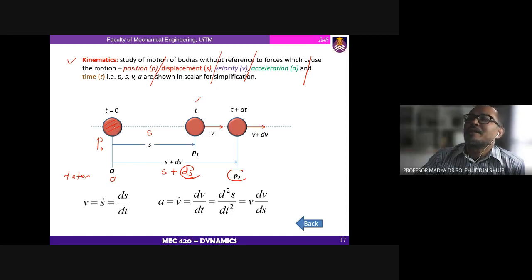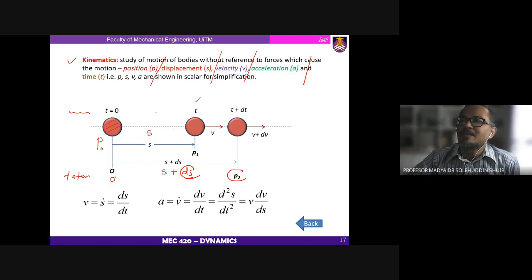So we have here the first layer. I talk about only s, which is displacement and relates to position. These are the first layer: position and displacement. The upper part is time. T0, and then this particle moves from P0 to P1.